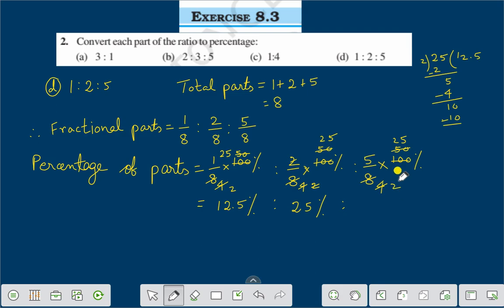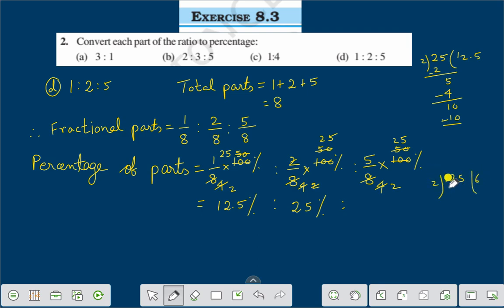Right? 25 into 5 is 125 by 2. Let us divide 125 by 2. If we divide it by 2, we are getting 2.